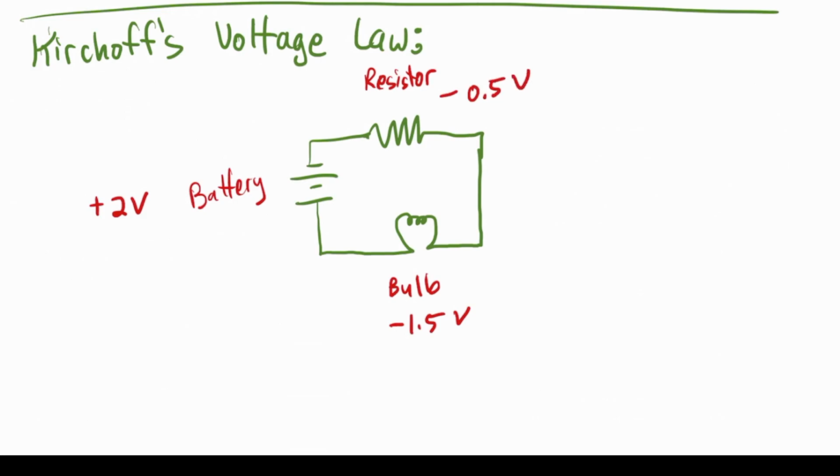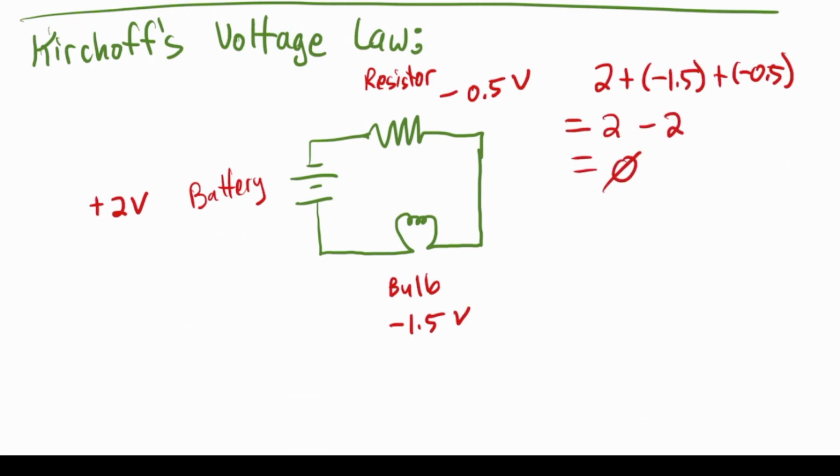So if we add up all the voltages in the circuit, we're going to have 2 plus negative 1.5 plus negative 0.5. That is going to equal 2 minus 2, or 0. So basically, when we go all the way around the circuit, the sum of the voltages must equal 0.